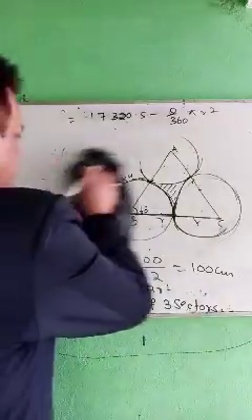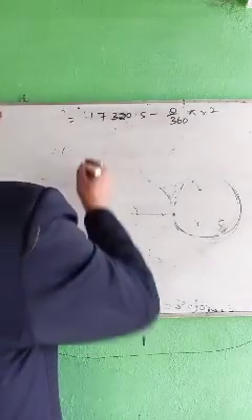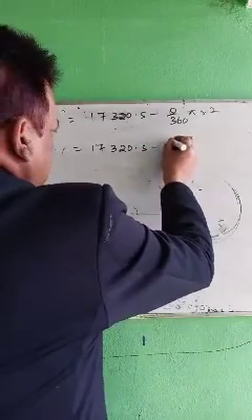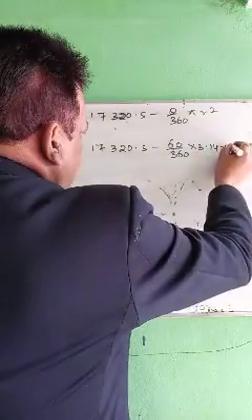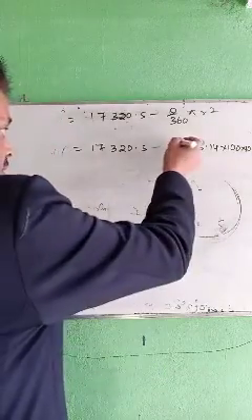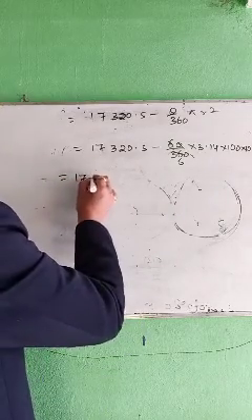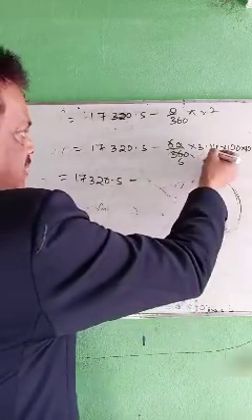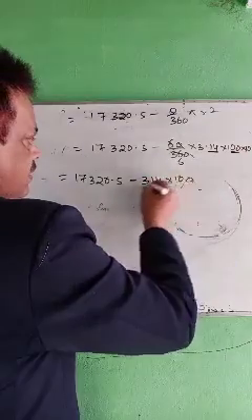Okay, so that is how much? 17320.5 minus 60 by 360, 3.14, 100 into 100. Okay, 0 cancel, 6. So it became 17320.5 minus, after decimal 2 digits, 2 zeros gone, 314 into 100 by 6.